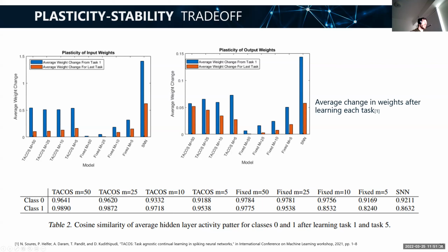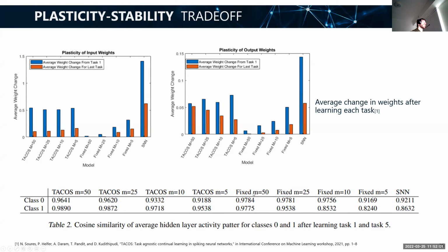We can see again, where TACOS is m equals 25, only pattern 0 is a little bit lower than the fixed metaplasticity. But it's important to note that this fixed metaplastic parameter, especially here, basically doesn't learn anything useful.